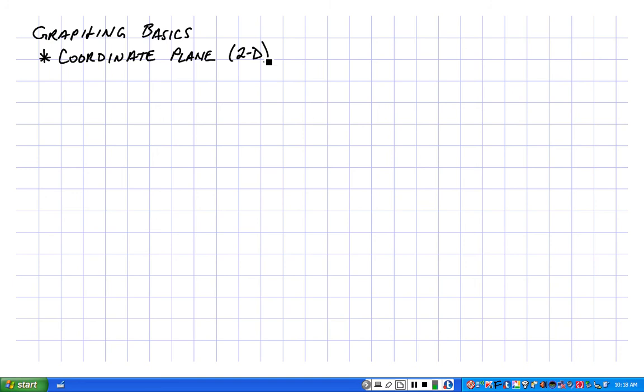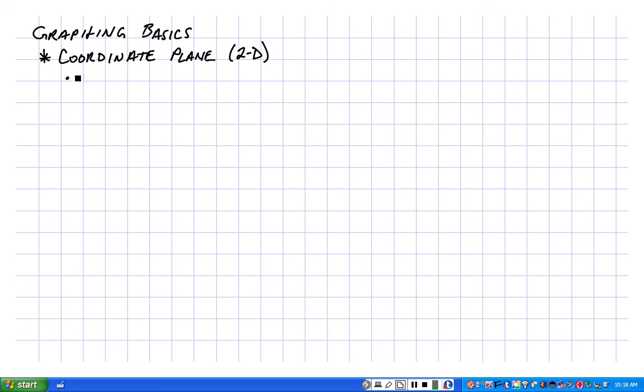In today's lesson, we're going to discuss graphing basics. In particular, we'll be talking with reference to a coordinate plane, and by plane, all we mean is that we're talking about two-dimensional space.